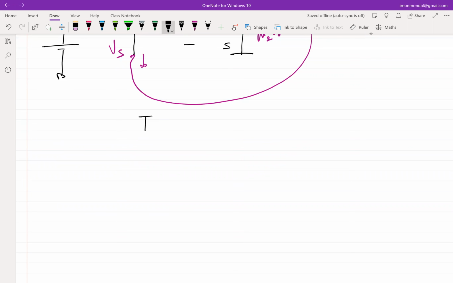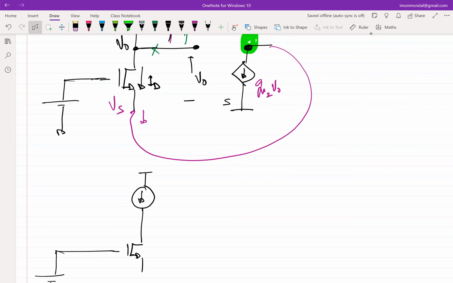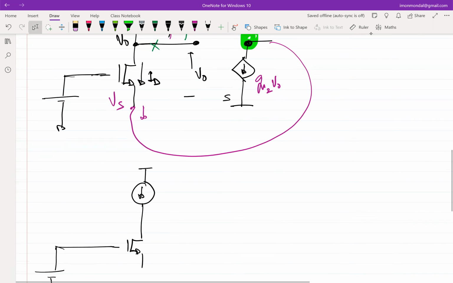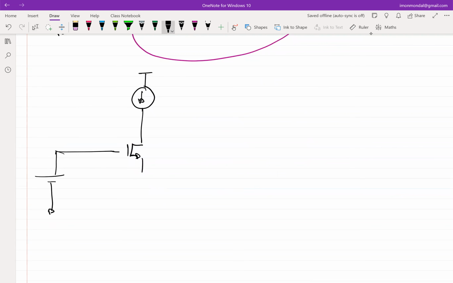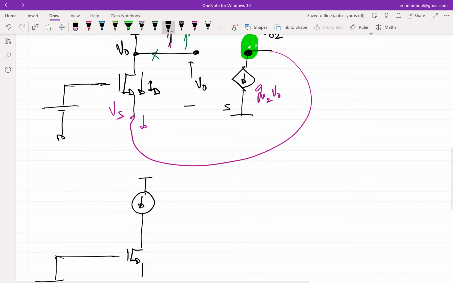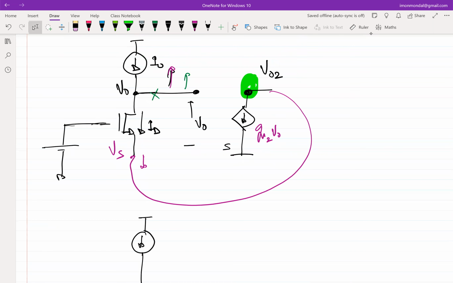So what should we do? I'll redraw this because this might seem messy a bit. What we are essentially seeing here is the drain terminal of the second MOS transistor, which has been connected to the source of the first transistor, right?